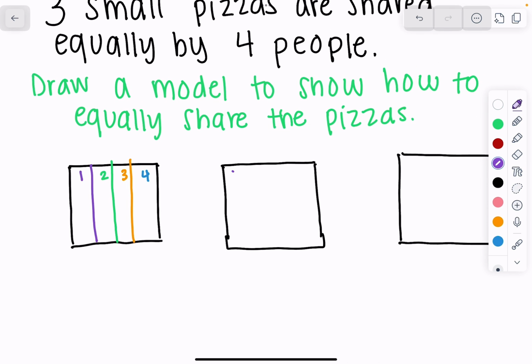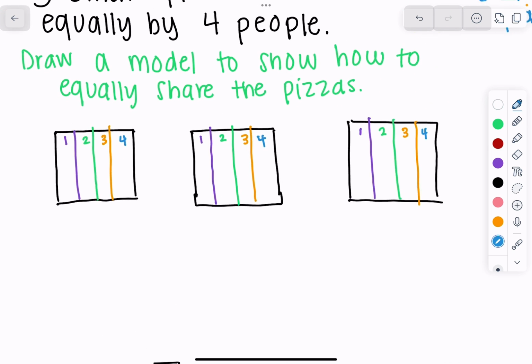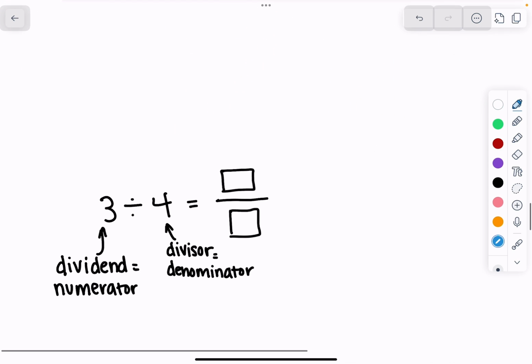And then we have 1, 2, 3, 4. Lastly, on our last pizza, we have to share it among 4 people, remember? So 1, 2, 3, and 4.